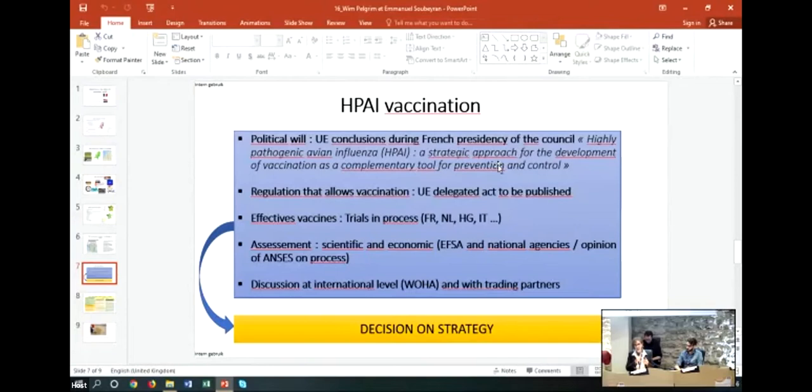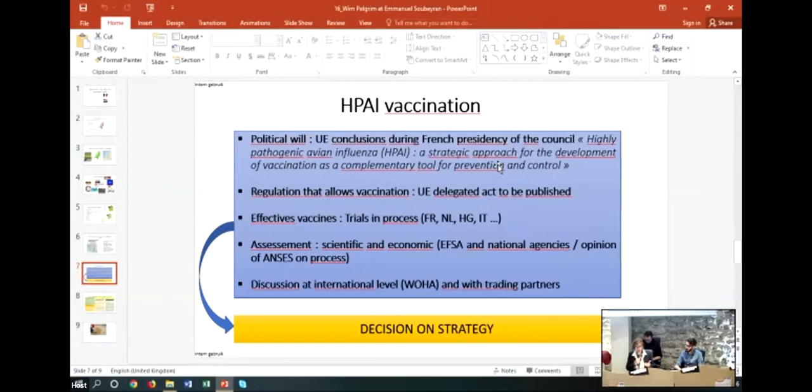And we can say that this will was expressed at the May 2022 Council of EU Agriculture Ministers, where there was a conclusion of the EU Ministers of Agriculture regarding the opportunity to use vaccination as a complementary tool against highly pathogenic avian influenza.